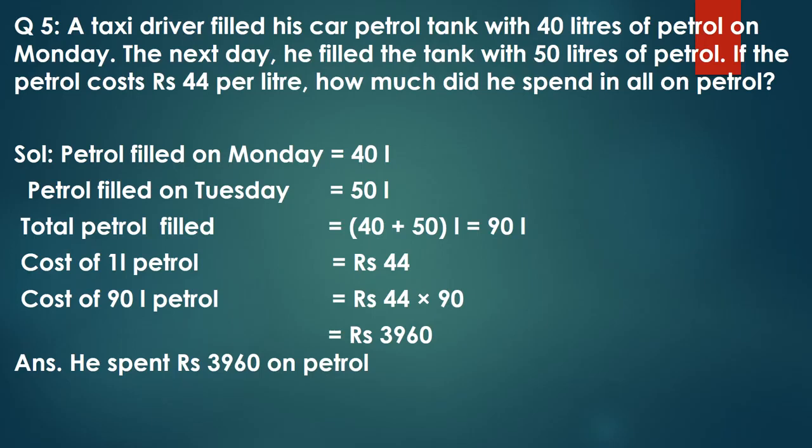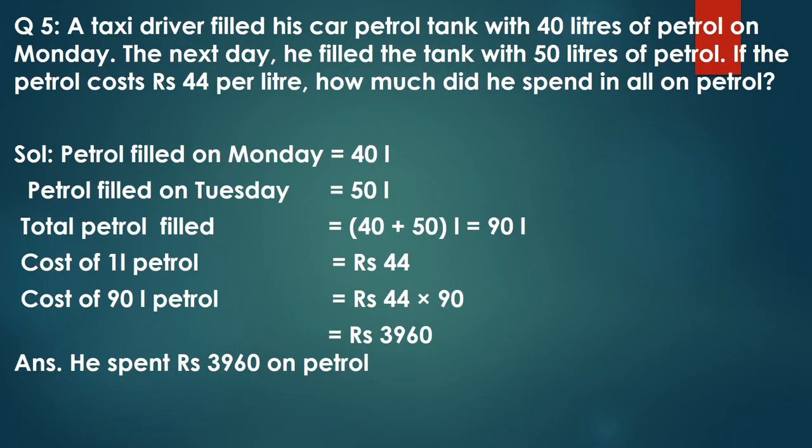If the cost of petrol per liter is rupees 44, how much did he spend in all on petrol in both the days, on Monday and Tuesday? On Monday he purchased 40 liters, on Tuesday 50 liters, and the cost of petrol per liter is rupees 44.